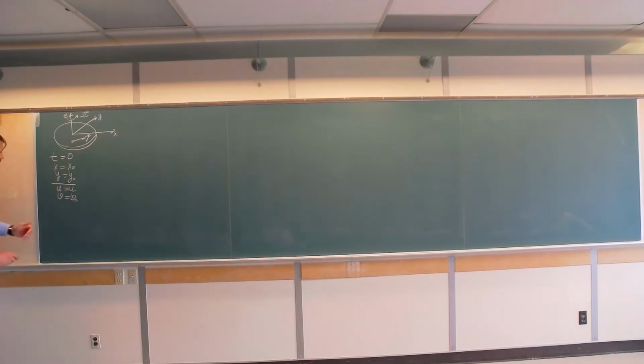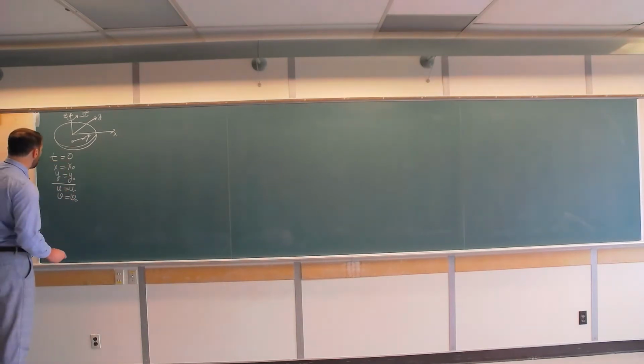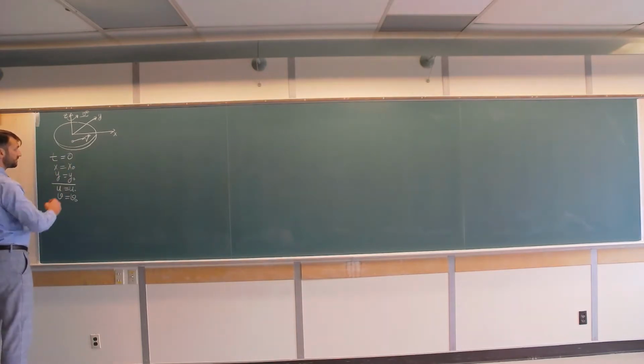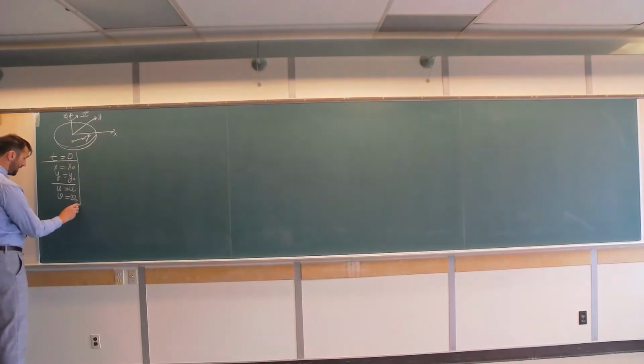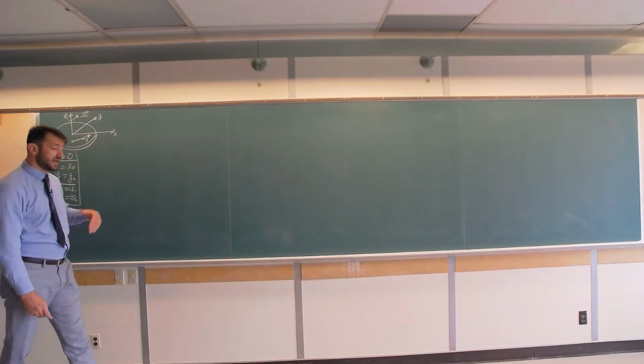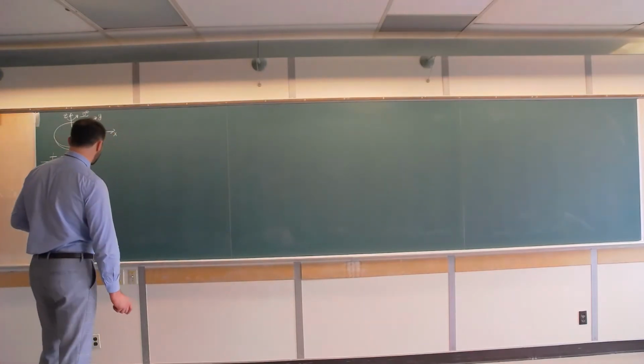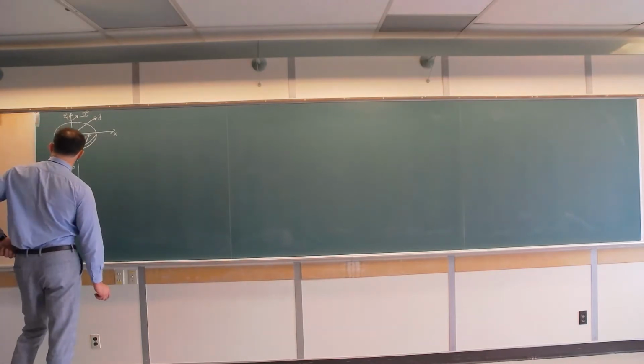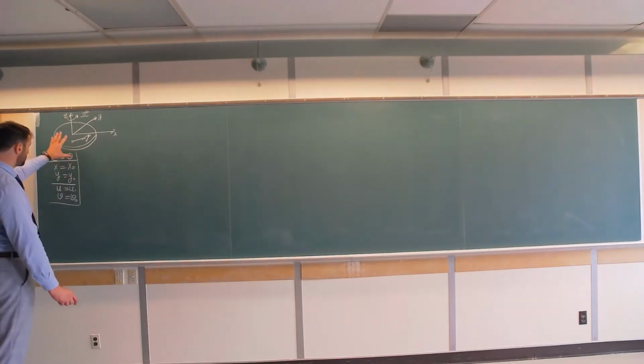So these are some numbers. You can plug any numbers you want if you get this specific problem with these numbers. So this is the initial condition for our problem, and this will come in handy later when we start finding coefficients of our solution to the differential equation that describes this.